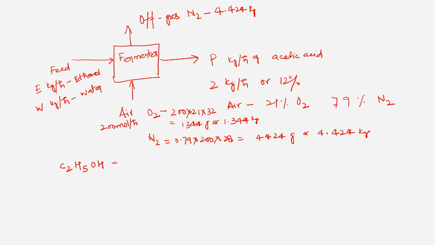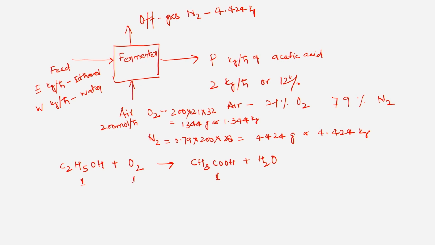C2H5OH plus oxygen, and this will convert to acetic acid, CH3COOH, plus H2O, water. Now, it says 1 mole of ethanol is converted to 1 mole of acetic acid.